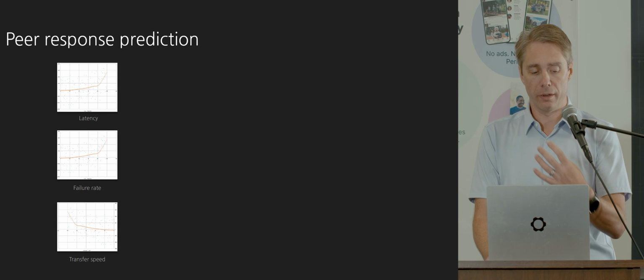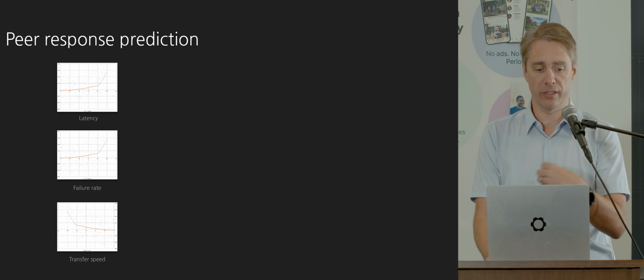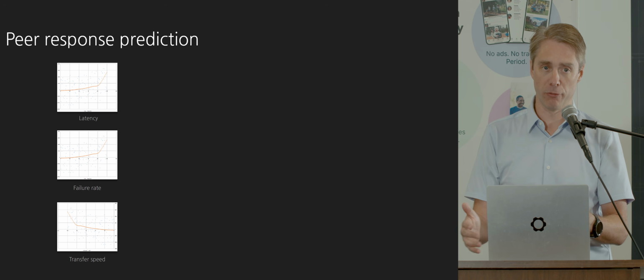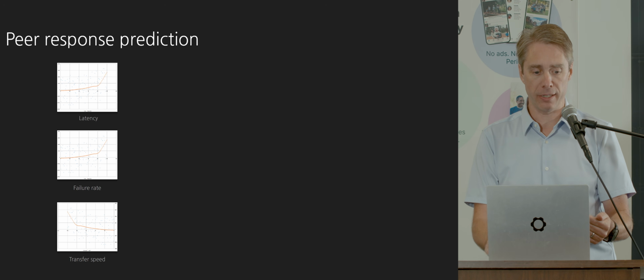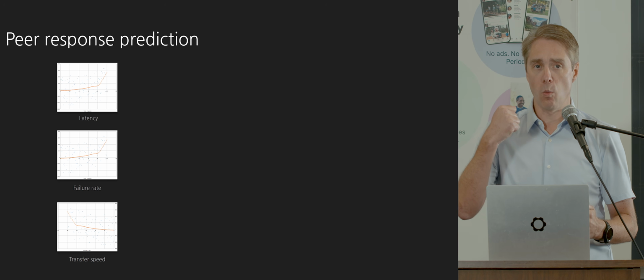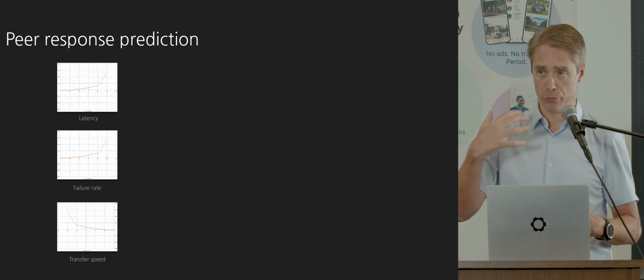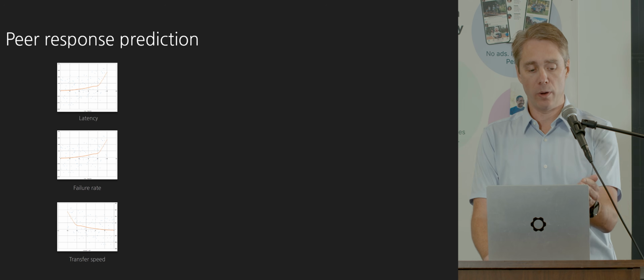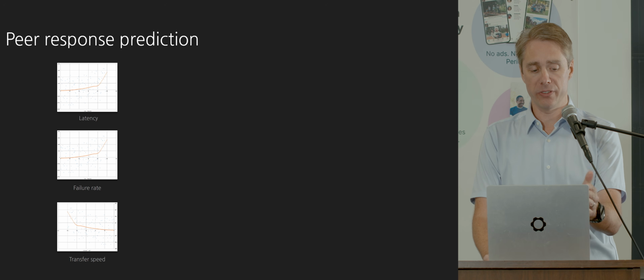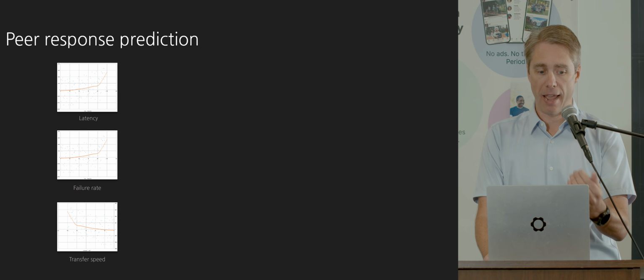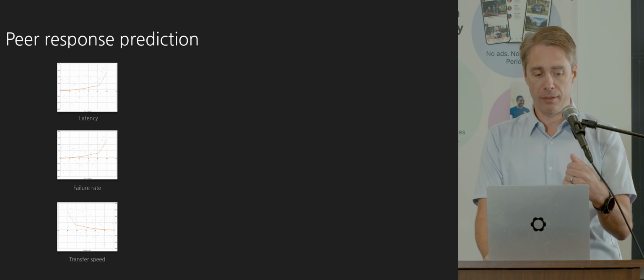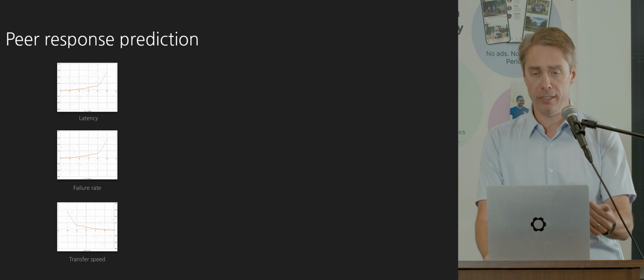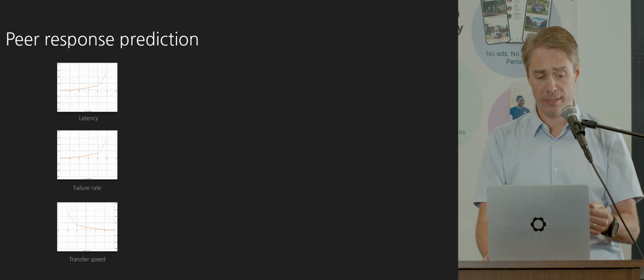So what a Freenet peer does is it collects data about the performance of other peers in retrieving data. It does these regressions, and then when it wants to route a request for a particular key, it will use this data to predict how long it's going to take, the probability of failure, and the transfer speed.